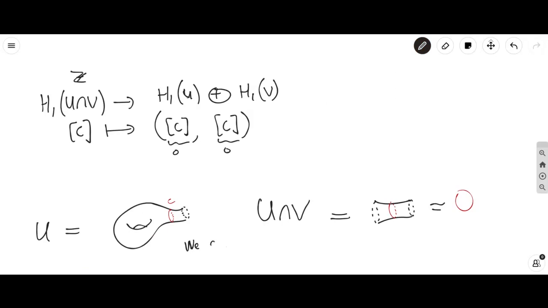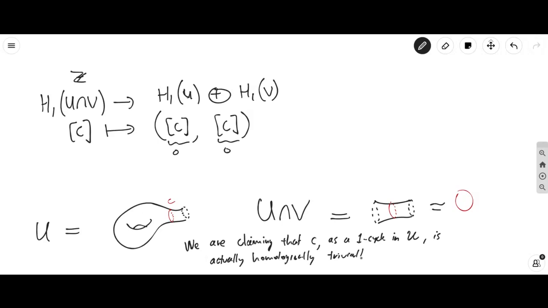You're not going to believe this, but we are claiming that C, as a one-cycle in U, is actually homologically trivial, which seems impossible, right?